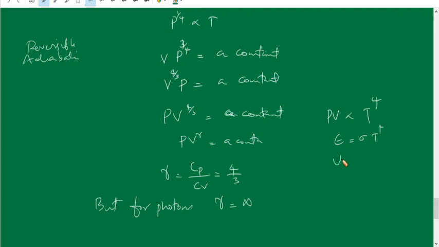Then we have derived the energy density, which is also proportional to T raised to 4. Then next we have obtained the functional form of S, Cv, and gamma, which is obtained as the wrong value. We should get infinity, but we got 4 by 3 from this calculation. Okay, that's all for today. Thank you.